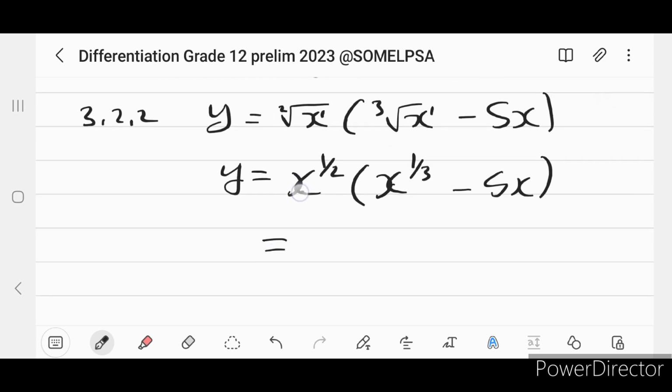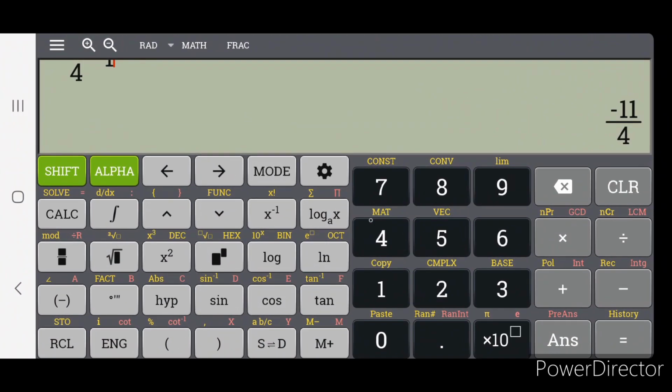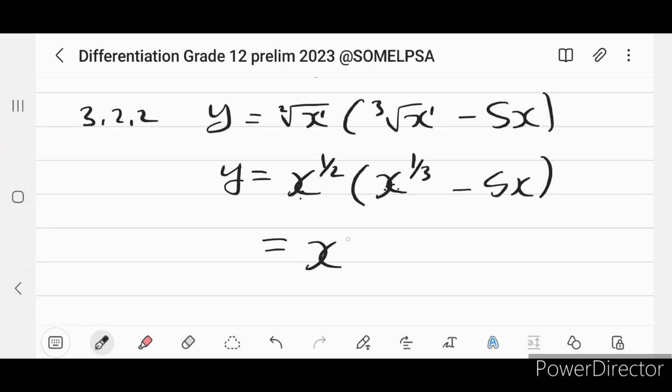So now I must multiply this one out. This times this: when you multiply powers of the same base, you add exponents. So 1 over 2 plus 1 over 3. That's 5 over 6. Then minus, this times this is going to have 5x, but the exponent is 1 there.